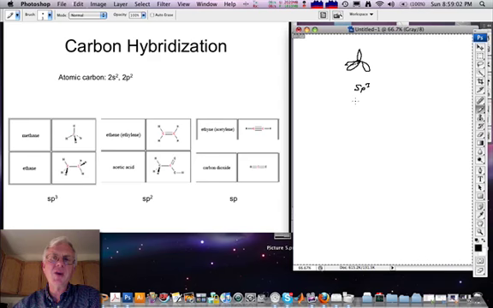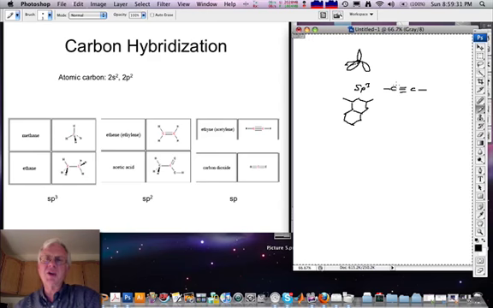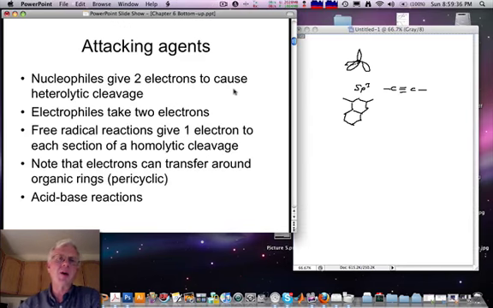In the middle, I show sp2 hybridization of carbon, and this is the more familiar form of carbon in graphite, which I'm illustrating here. And then finally, sp hybridization. The example at the top there is acetylene, where the carbon is triply bonded. Because of this ability to change its bonding into many forms, carbon can form some incredibly complex structures.